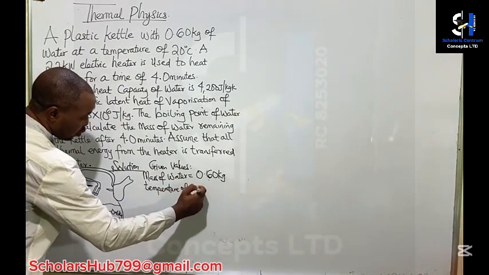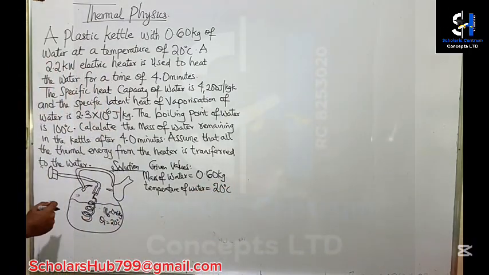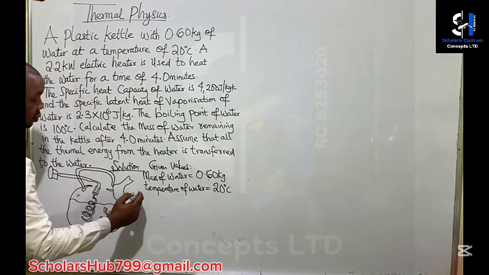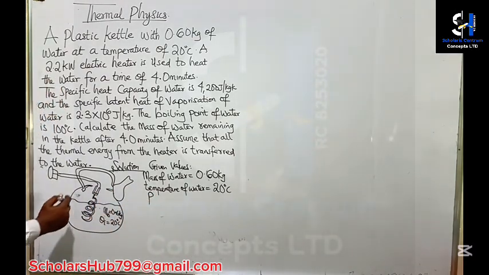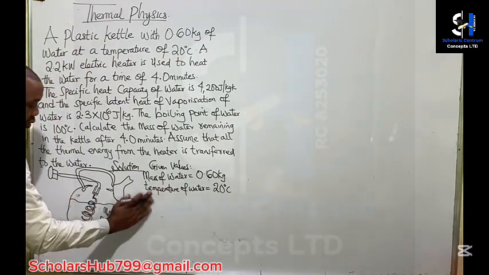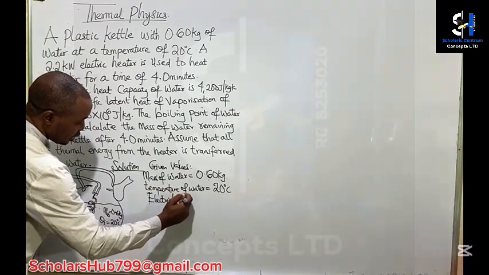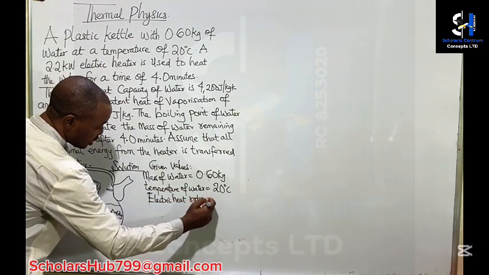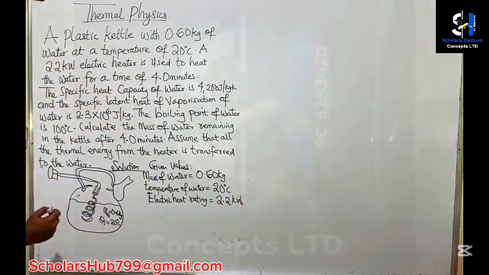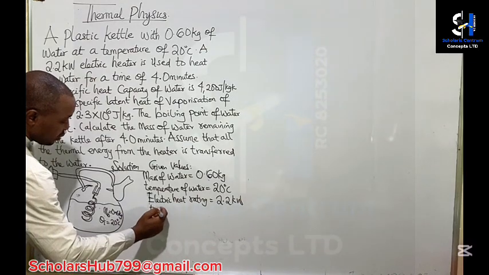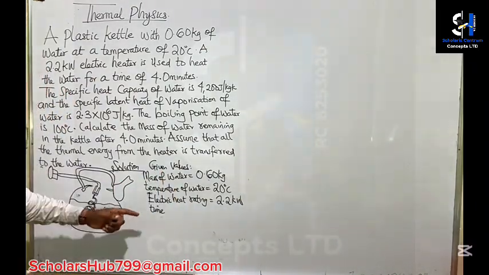Temperature of water is 20 degrees Celsius. Now the heater: we're given the power, that's the electric heater rating, which is 2.2 kilowatts. Then the time during which current is passed is 4 minutes.